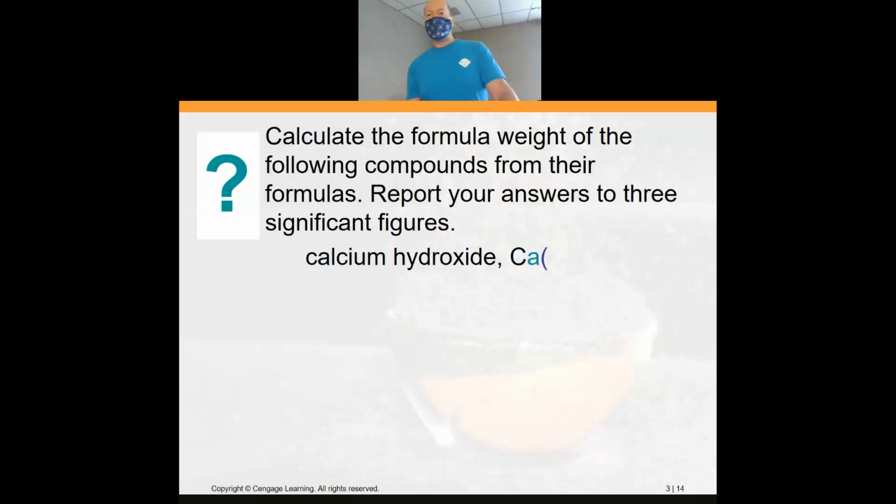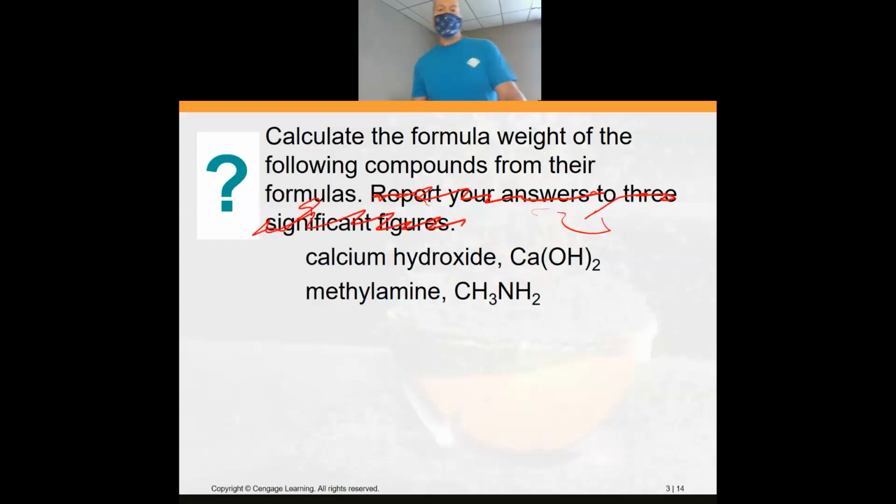So again, I'm never going to write this part of any question. You always have to follow your sig fig rules, and you will give your sig figs accordingly. Here you look up calcium on the periodic table. You look up oxygen, except you have 2 oxygens, so it's going to be 2 times whatever number that is.